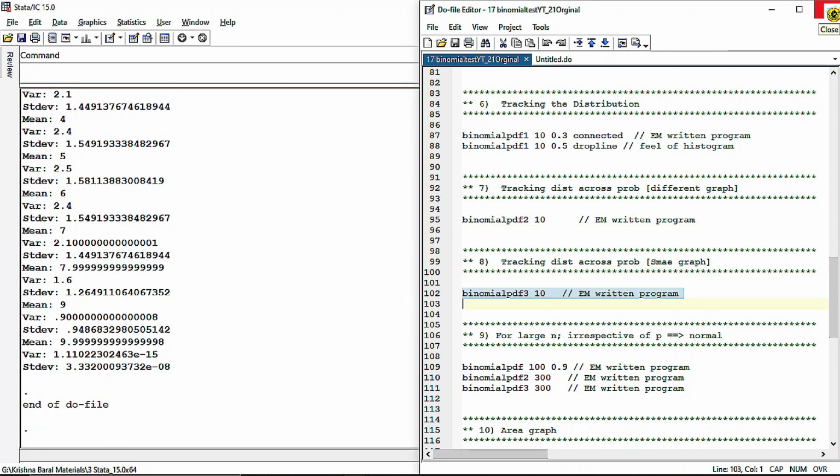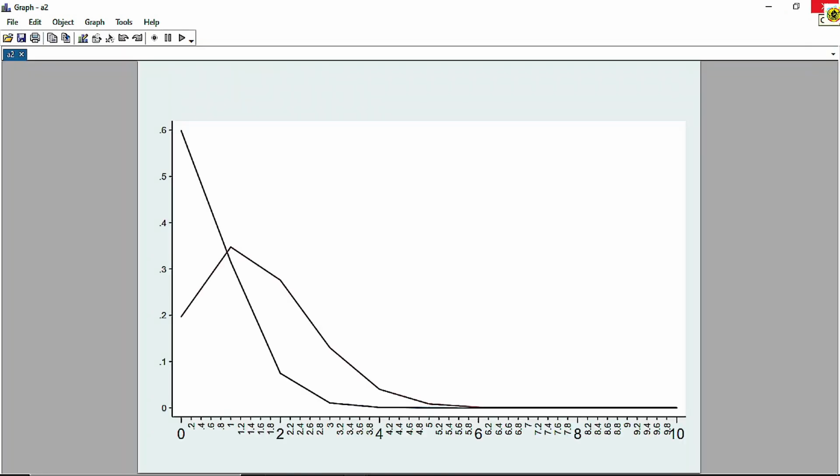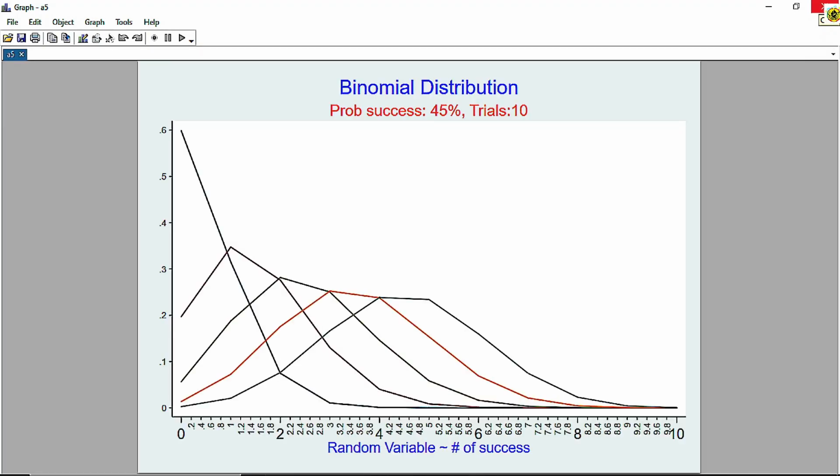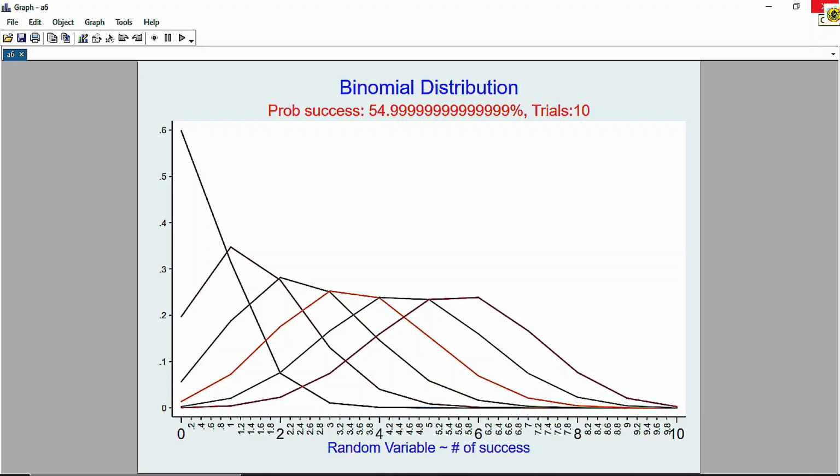Now let us track this change across probabilities, and we'll draw the graphs in a single graph. Probability of success 15%, 25%, and as the probability of success reaches nearly 50%, the graph is more symmetric, or they get a bell-shaped curve.